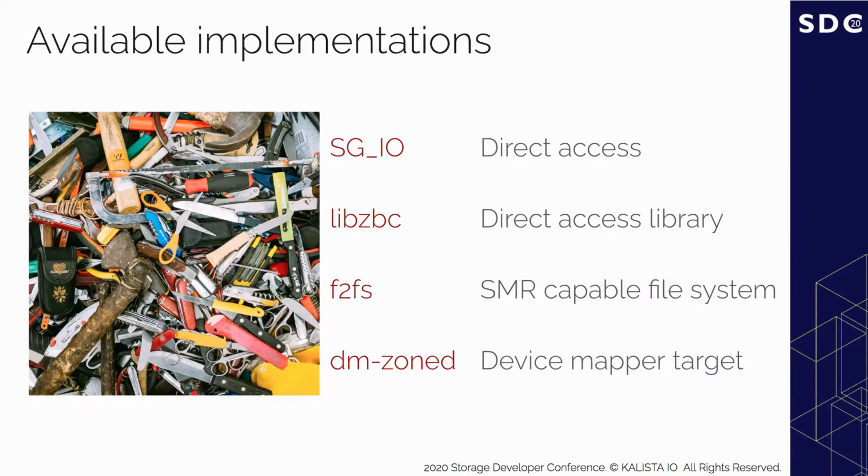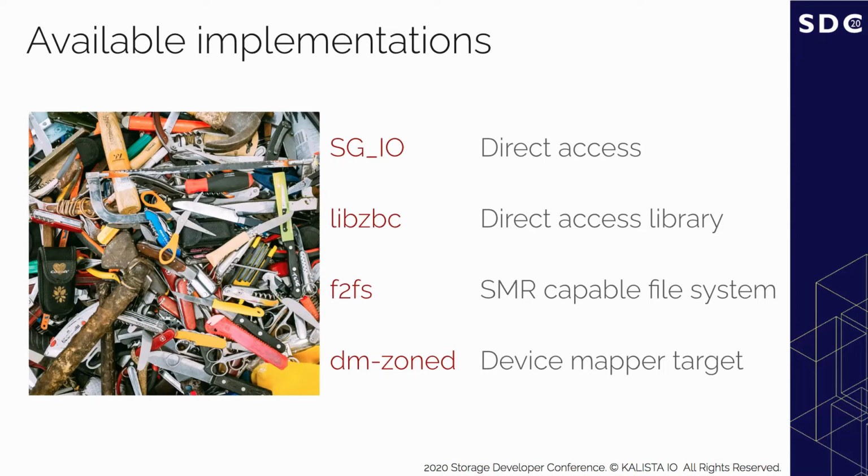For each of the indirection layers we introduced in the previous slide, there are multiple implementations available. Here are some of them. SCSI pass-through: the Linux SCSI generic driver allows applications to send SCSI commands to a device using the ioctl interface.